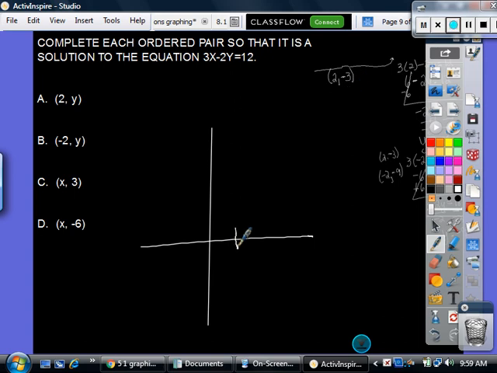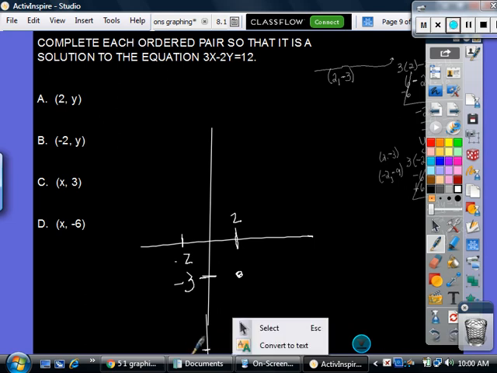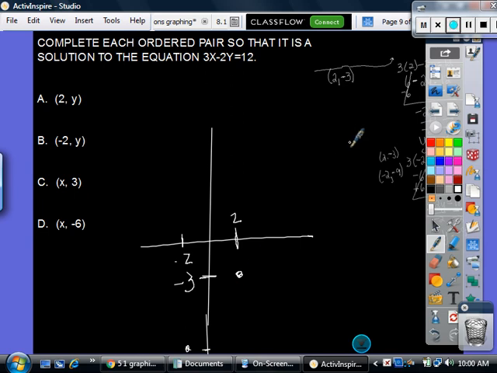So let's say this is 2, this is a rough sketch here. Here's 2, negative 3. And then here's negative 2, and somewhere down here is negative 9, and that's another point on this graph. All of our points will be in a straight line. They will be points on the line, they will also be solutions to the equation.